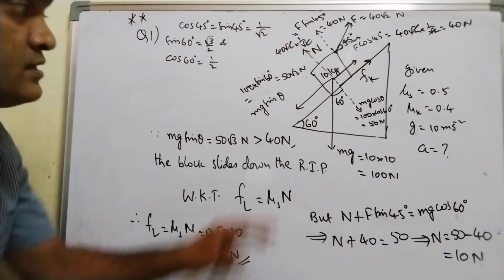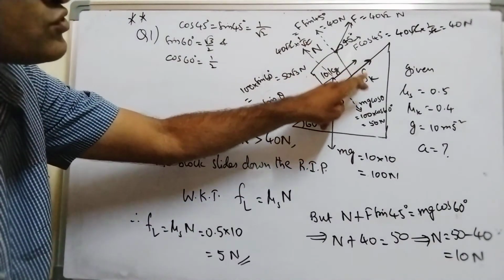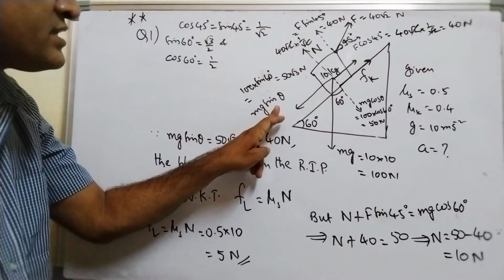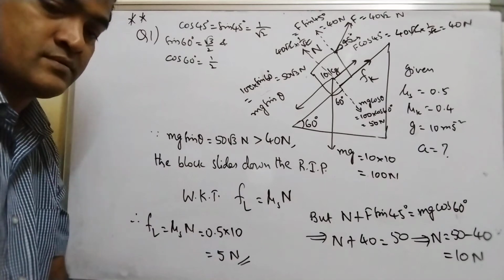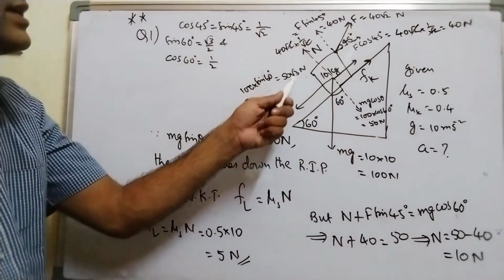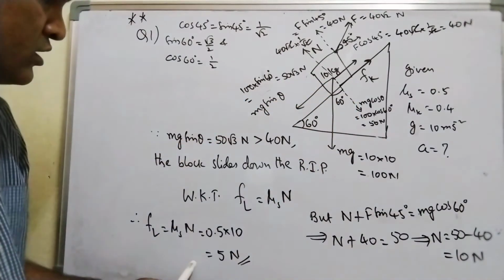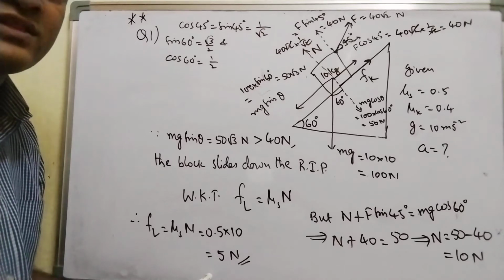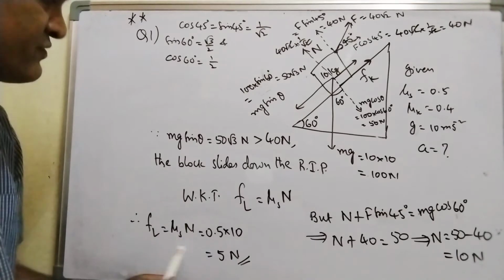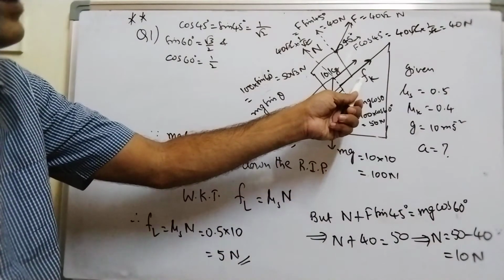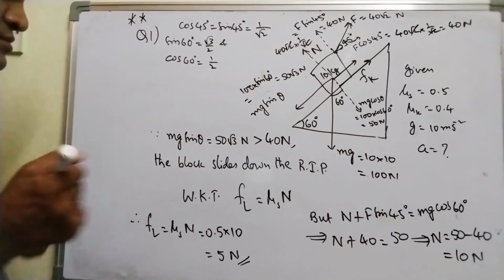Now let's see again whether mg sin theta is equal to the sum of these two forces, or mg sin theta is still greater than the sum of these two forces. What is the value of mg sin theta? 50 root 3. And what is the value of Fk? I don't know whether the block is sliding down or not; I have to find out yet. Limiting friction I got as 5 Newton, so add this 5 Newton to this 40 Newton.